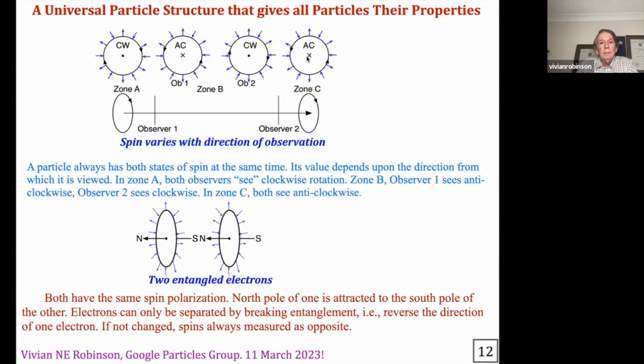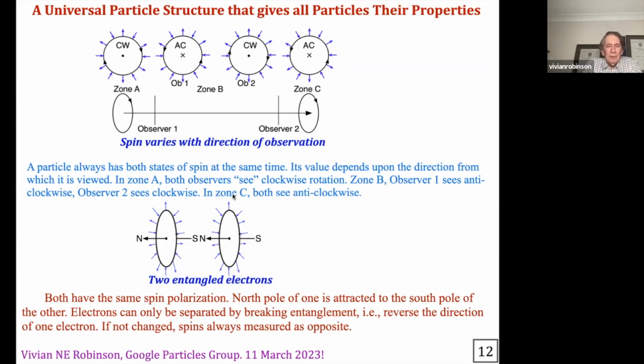And in zone 3, both observers will see it rotating anti-clockwise, even though it's continuing to rotate in the same direction. So just use that as a further illustration that spin is just the other side of the page image of the same particle.